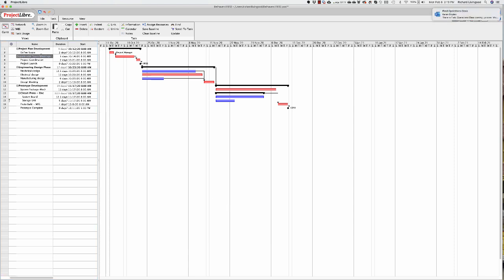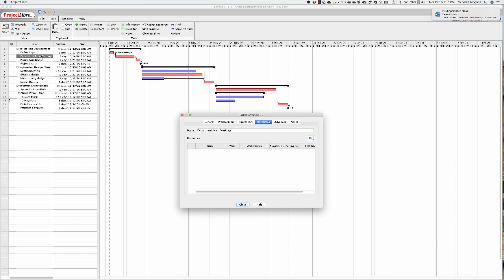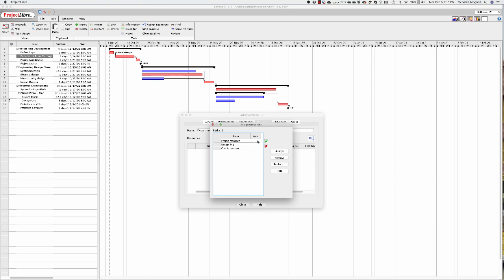So let's go to the second item. Now, in this case, we know that there's more than one resource that's going to be assigned. Again, the project manager, we're going to assign the project manager, but in this case, we're only going to assign the project manager for 25% of the time, because during the department team meetings, they may not be working fully, but we have several teams groups here.